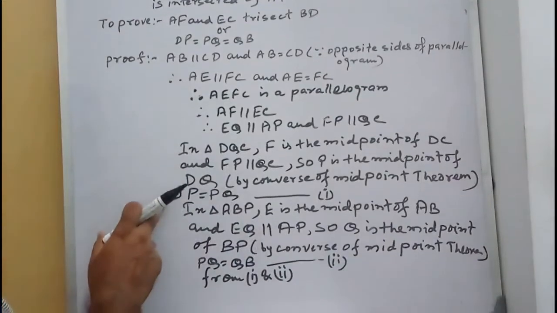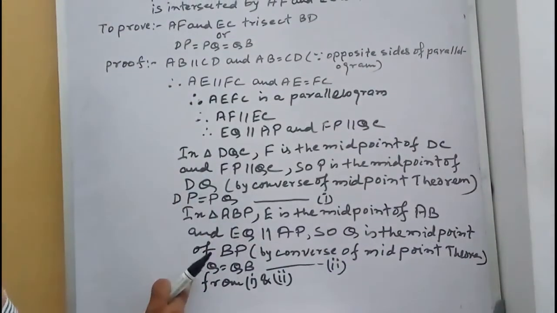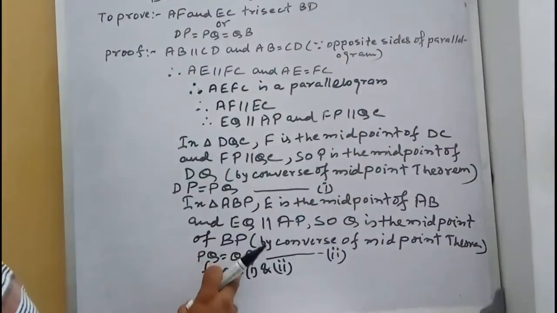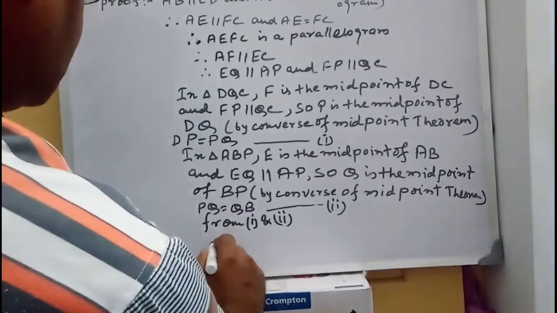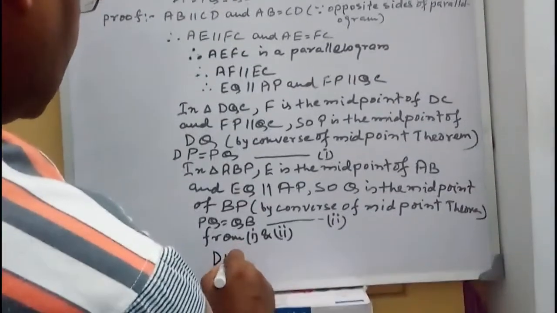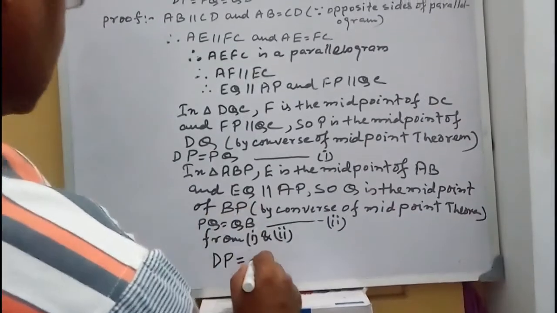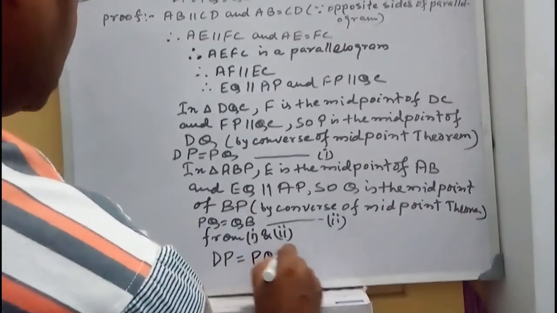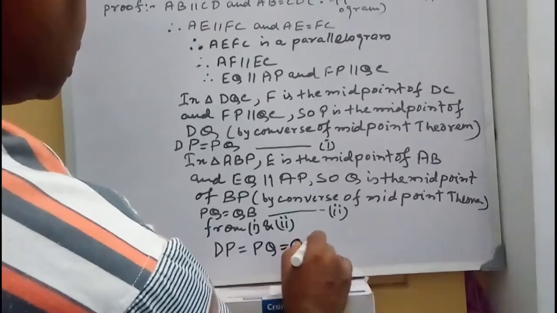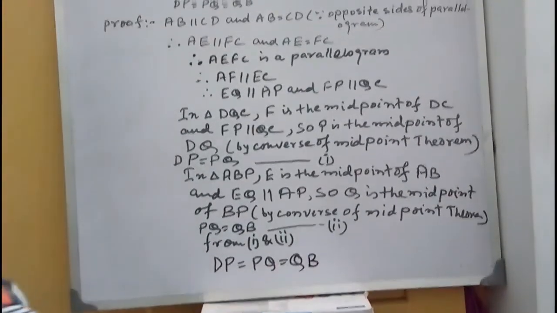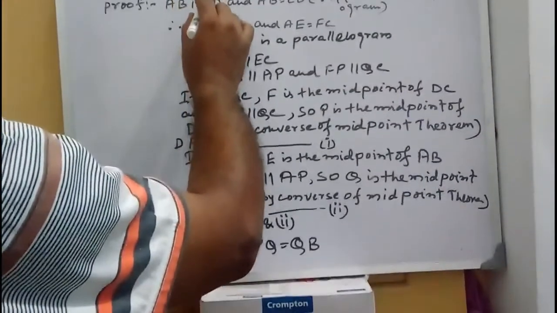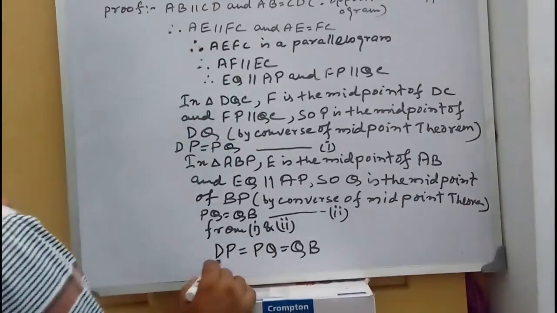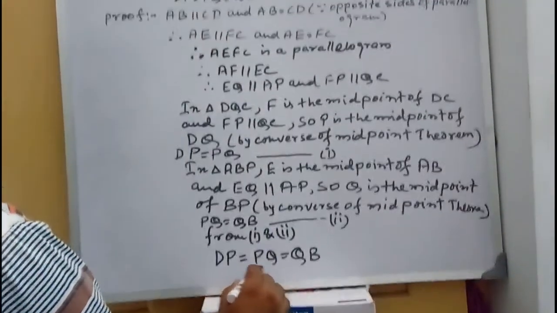So first DP equal to PQ and second PQ equal to QB. Therefore DP is equal to PQ equal to QB.